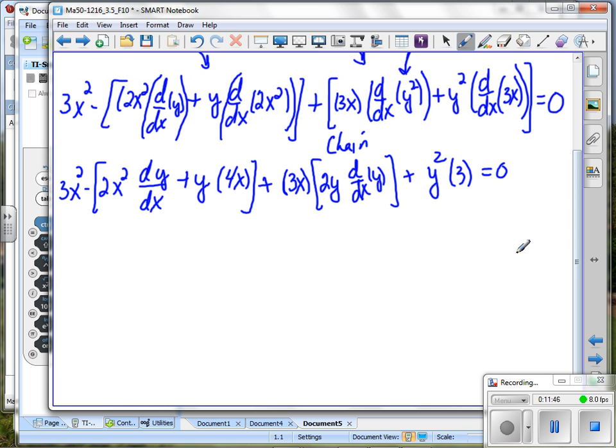That implicit differentiation, you have to keep your eye on what is the variable of differentiation. Every time you have an expression that is not matching that variable of differentiation, you have got to work with it as if it's a completely different function all of its own.